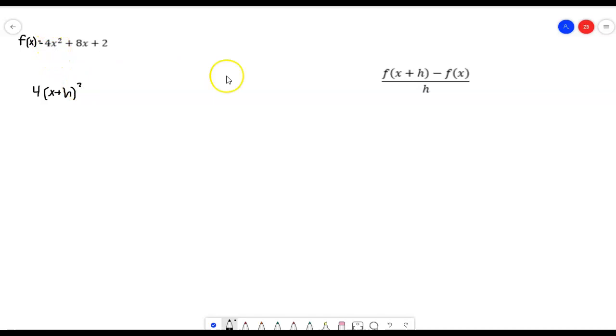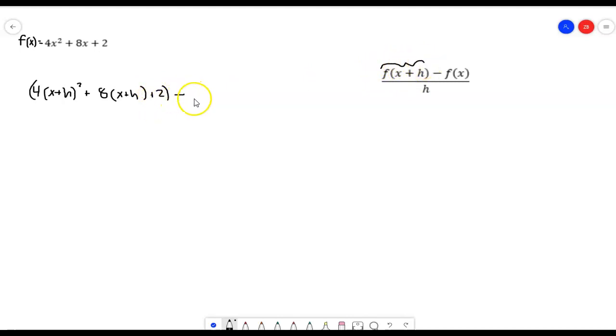Then plus 8, and instead of an x, I put an x plus h, plus 2. So this here is this part there. I got that done.